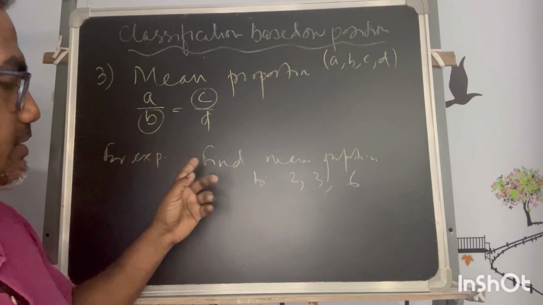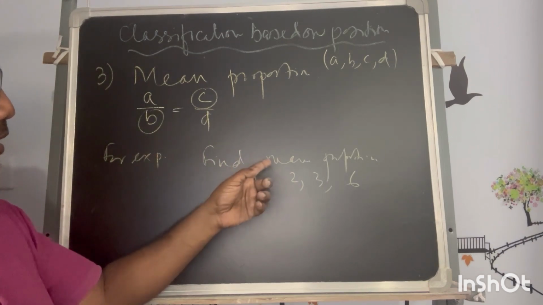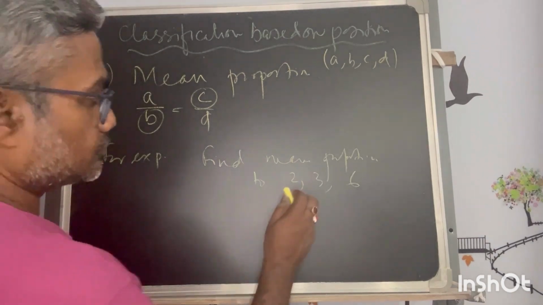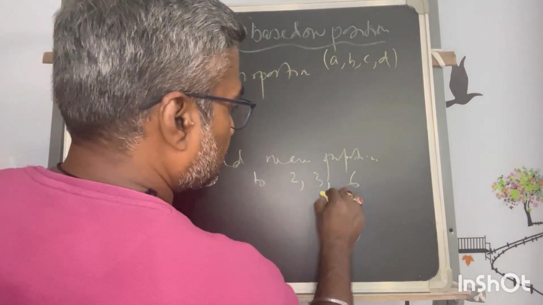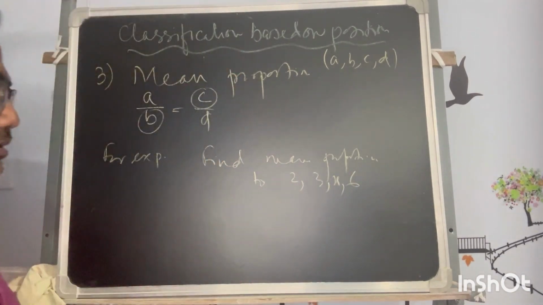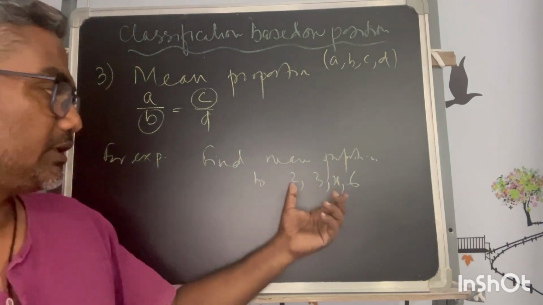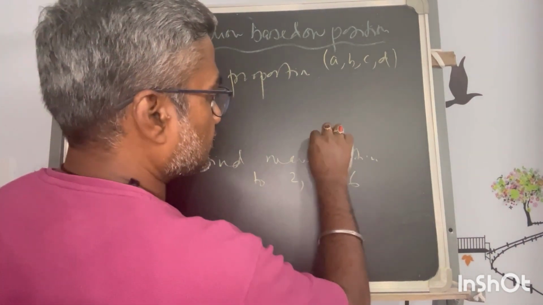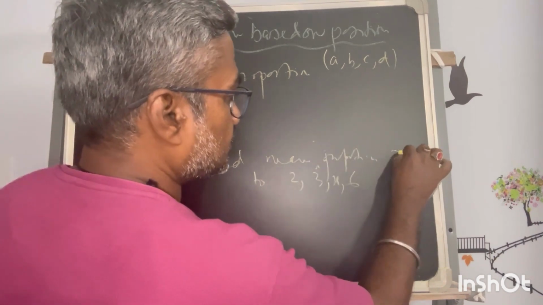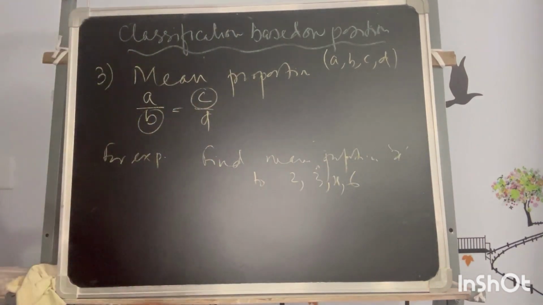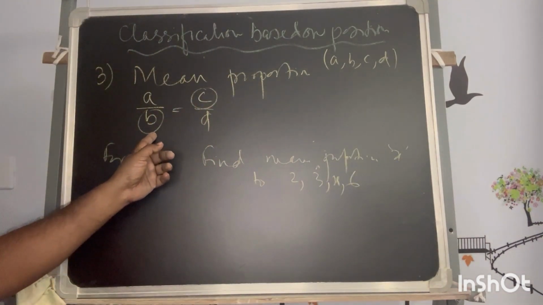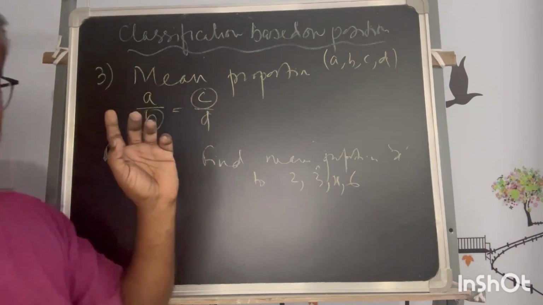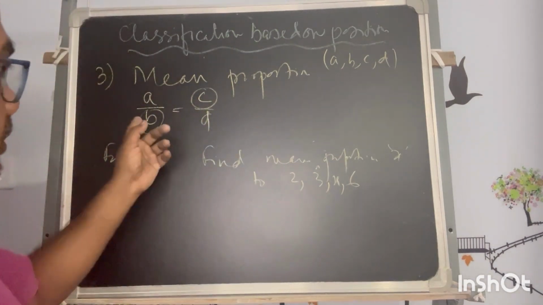there must be some declaration which mean has to be found. So the description has to be something like that: find the mean X, mean proportion X. It has to be mentioned, otherwise there is no possibility to find which one, because if both are unknown, you cannot find the mean of it.